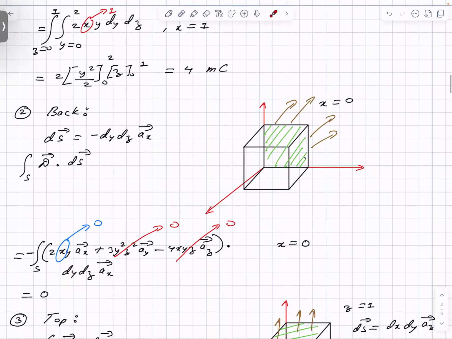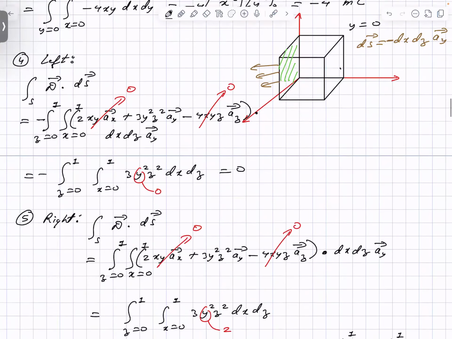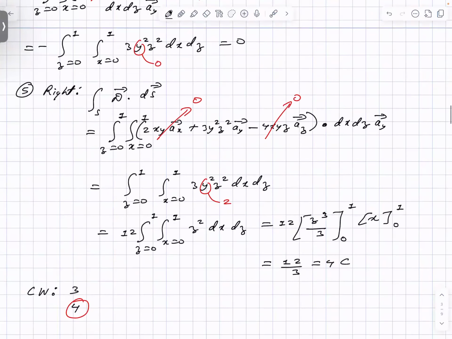So I believe I wrote just coulomb here. Let me fix that. Okay, for the top surface, it's not -4 coulomb, but it should be millicoulomb. For the left surface, we got 0. For the right surface, we got 4 millicoulomb. Let's fix that. And for the bottom surface, you got 0.